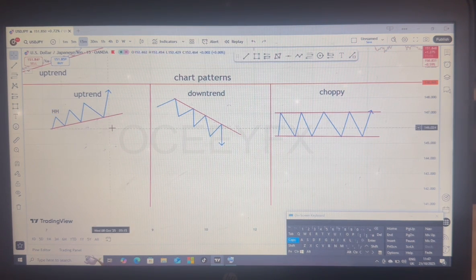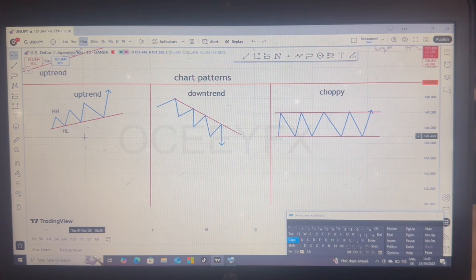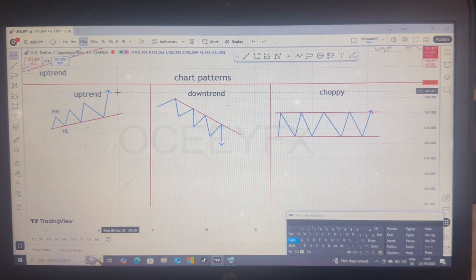We also have the higher low. This is repeated here. Higher high here, higher low here, higher high here. Just follow my cursor so you can understand. Higher high here, higher low here. Then you see this higher high.